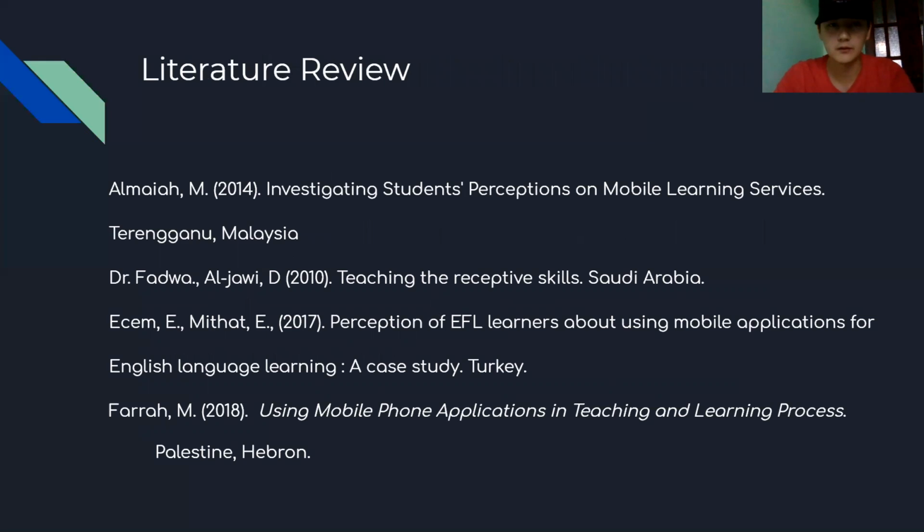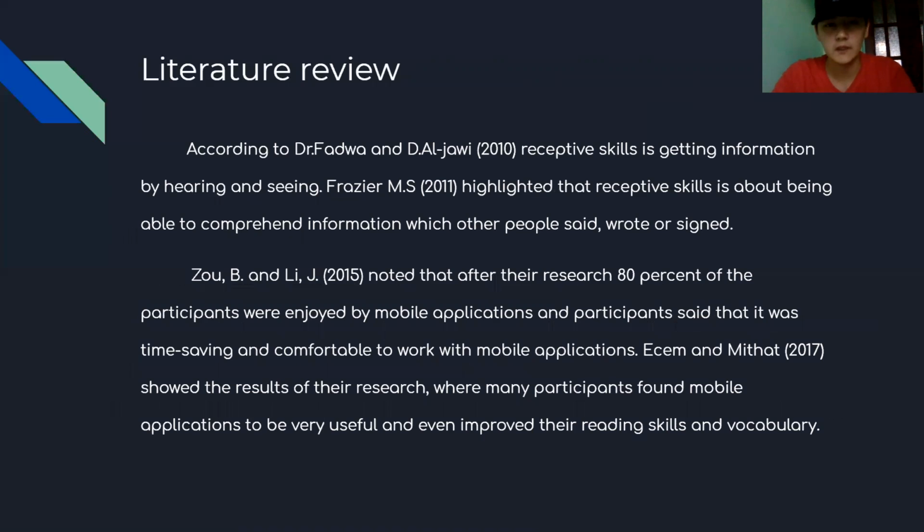So here is my literature review. Here are some scholarly works that I used in my literature review. Obviously, I have more, but I just took some of them in order to demonstrate to you. And here are 2 extracts from my literature review part.